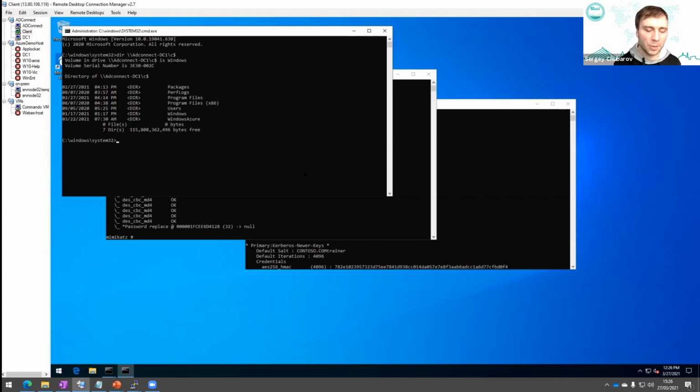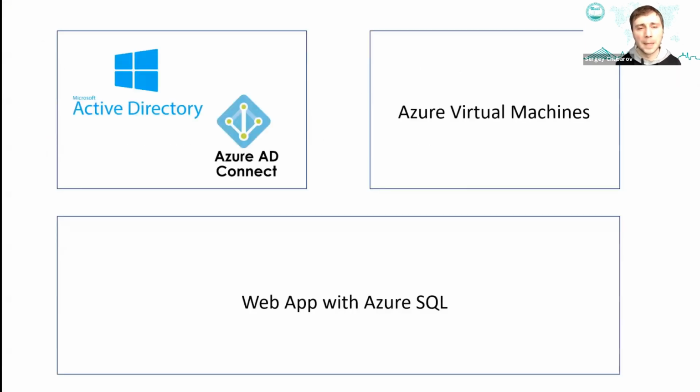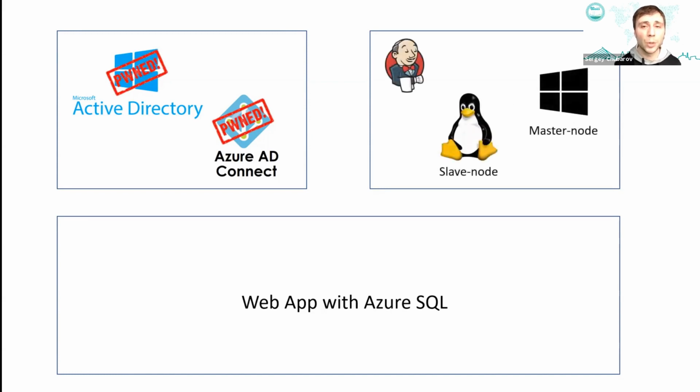So let me jump back to here. Now we compromised on-prem Active Directory with AD Connect, and we became domain admins. Now from here, let's move to the next infrastructure, which is virtual machines.